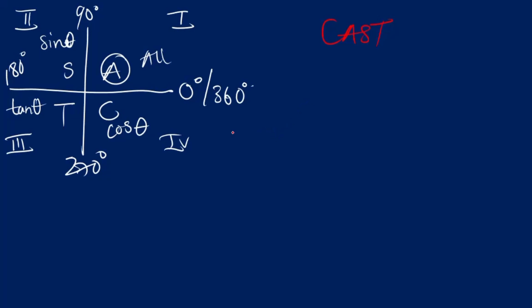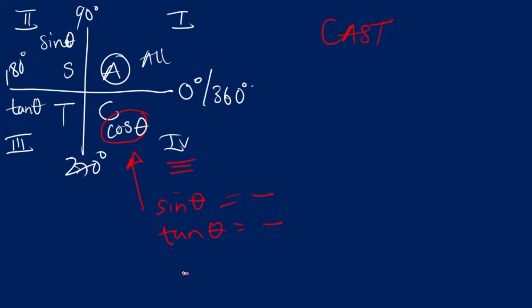Make sense? So in this case, the only trig function that is positive in the fourth quadrant is the cosine. If we ever find a sine of theta, just note that it's negative. And if we ever find a tangent in here, just know that it has a negative answer.